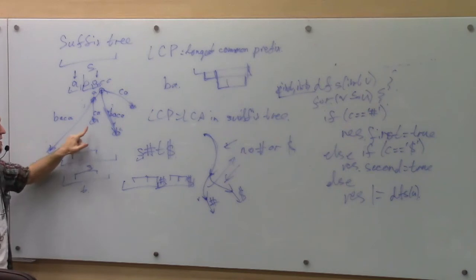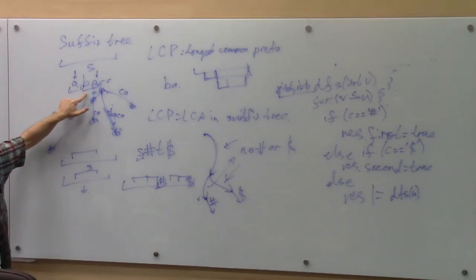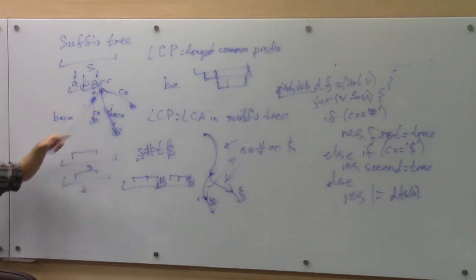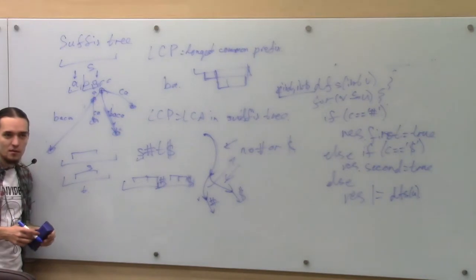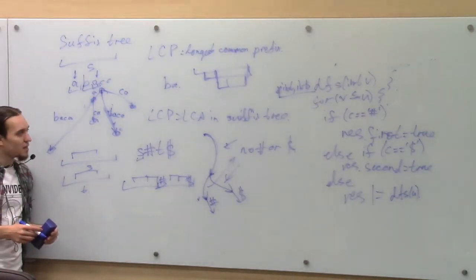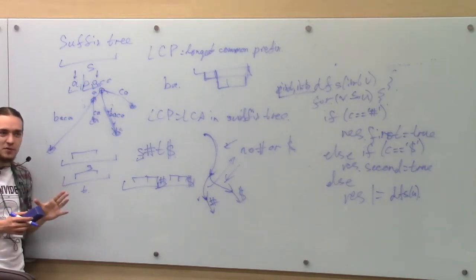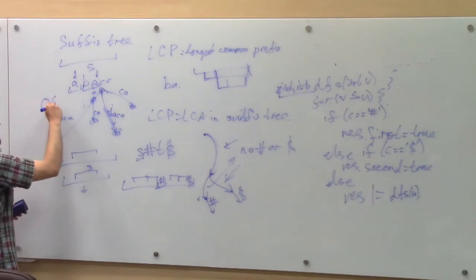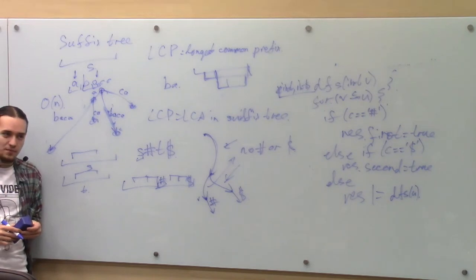And another thing, except for possibly the root, no internal vertices, so vertices that are not leaves, have outgoing degree at least 2. So in trees like these, the number of internal vertices does not exceed the number of leaves. It's not very hard to prove. So in theory, if we were able to construct this tree, then it would have only a linear amount of nodes.